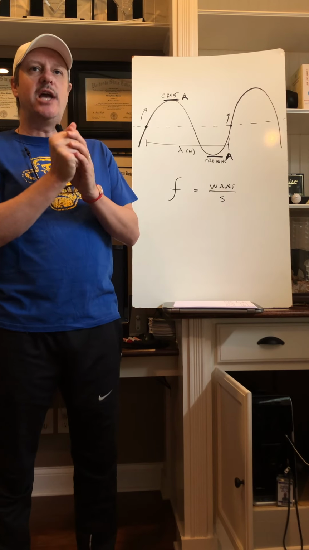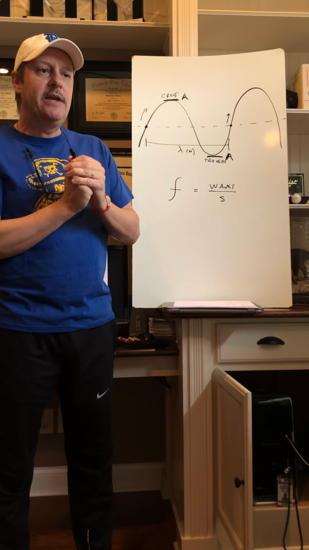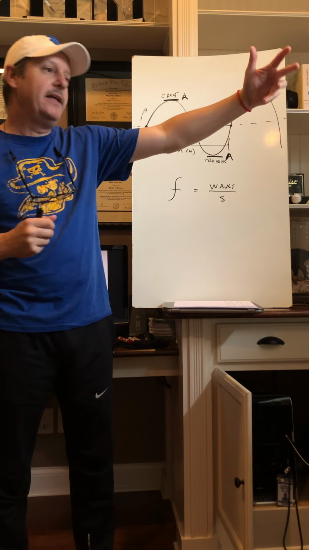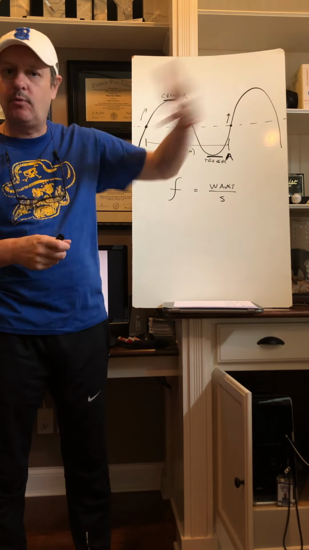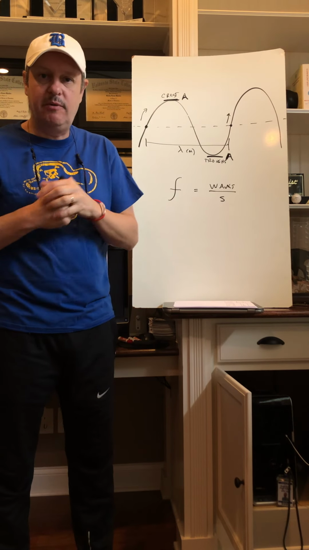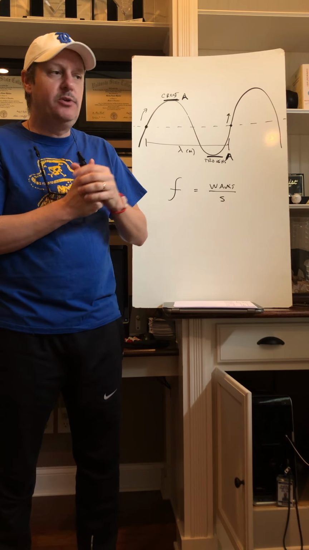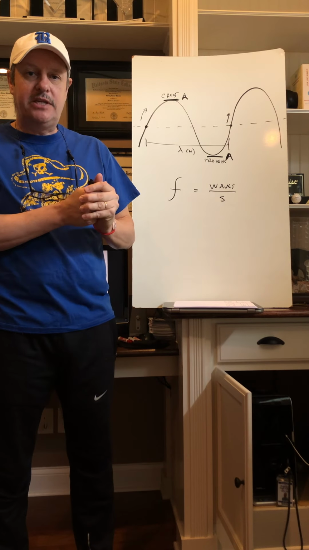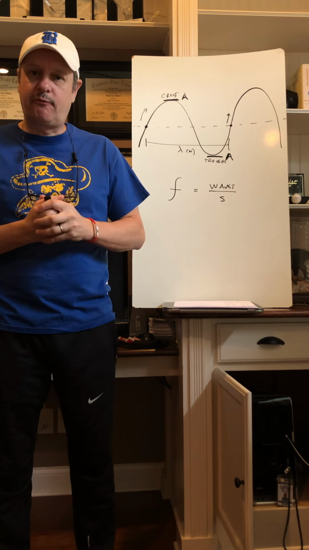So once again, let's use the ocean coming at you. If there's a storm coming in and it's wave after wave after wave after wave, the frequency would be very high. You'd be experiencing a great number of waves every second. And that's what frequency is.